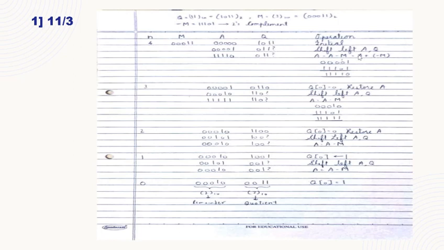The next step is subtracting M from A, so we add the value of minus M to A. Minus M we calculated by taking the 2's complement of M. The result is 1 1 1 1 0, and it is written here.